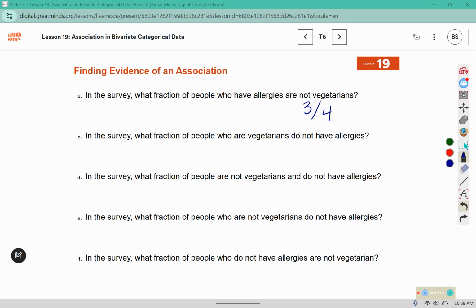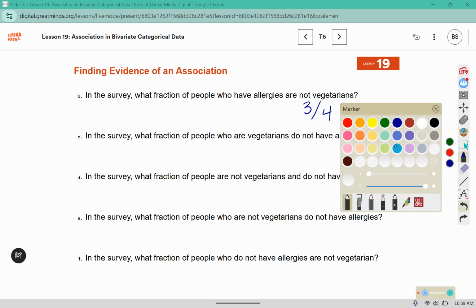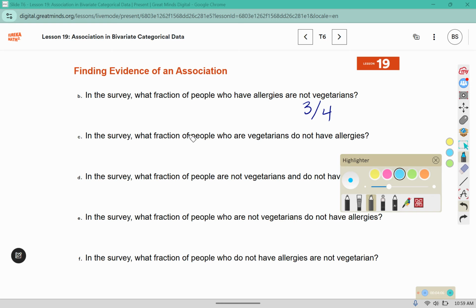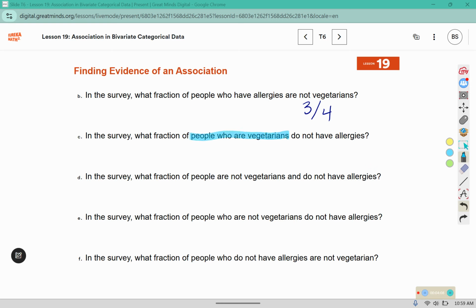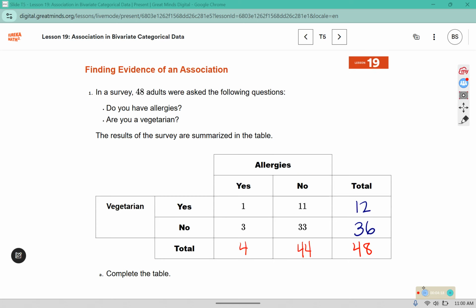In the survey, what fraction of people who are vegetarians, that's our population, do not have allergies? So we're looking at people who are vegetarians, and then the box for no allergies. So we have people who are vegetarians, and then no allergies is 11/12.